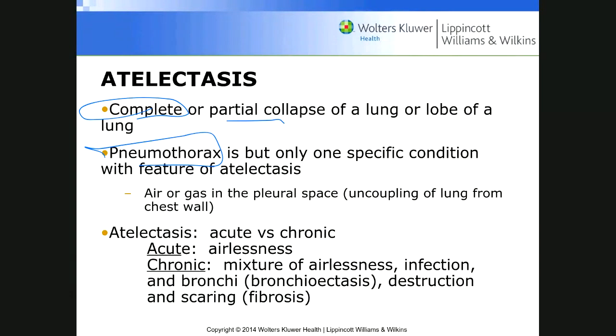Okay. The pleural pressure is the pressure that you see in the pleural membrane.